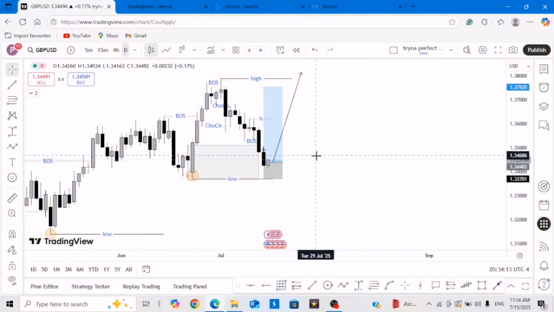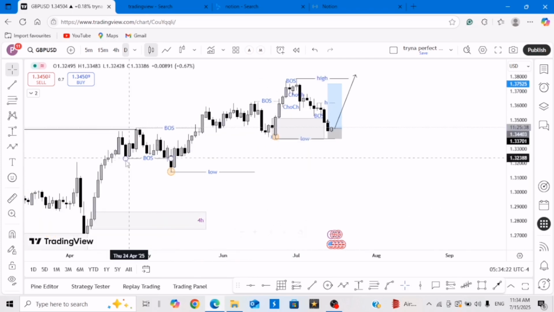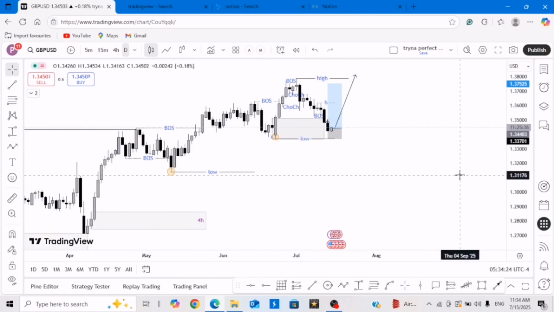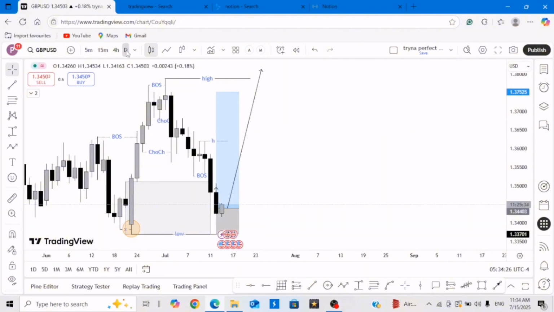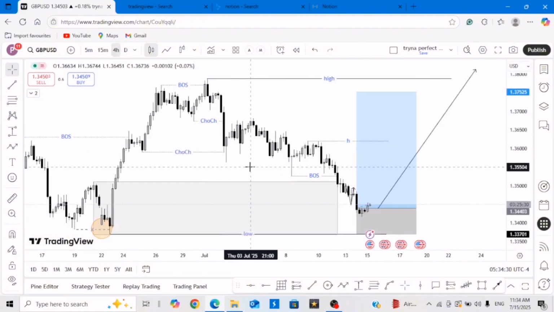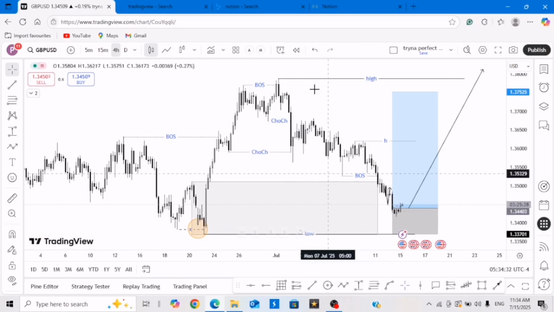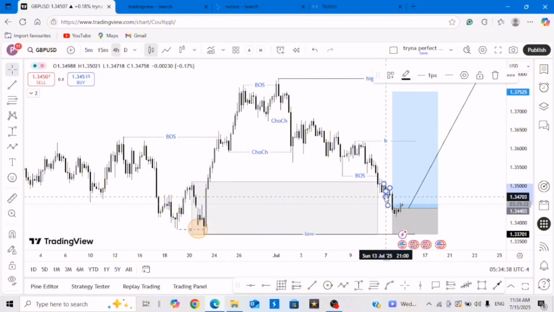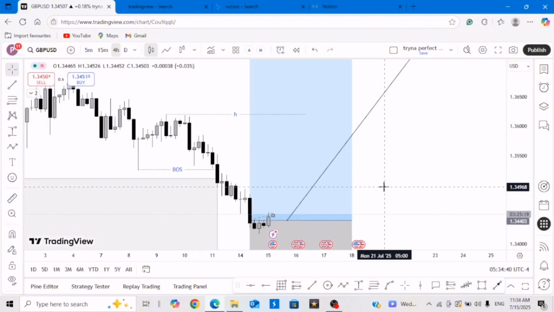From a swing point of view, we are bullish on GBP USD. The price is still making higher highs and higher lows on the daily. So I was hoping to get an early entry into the buys, but no, that did not happen. So I took a small loss, and I saw where my mistake is, and you move on.